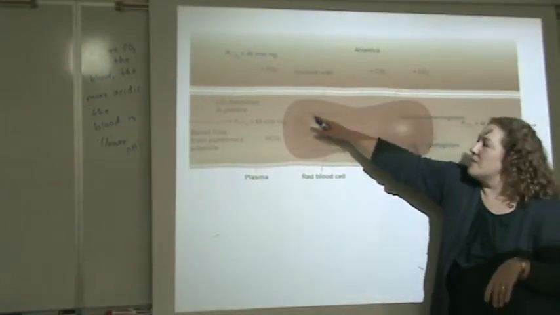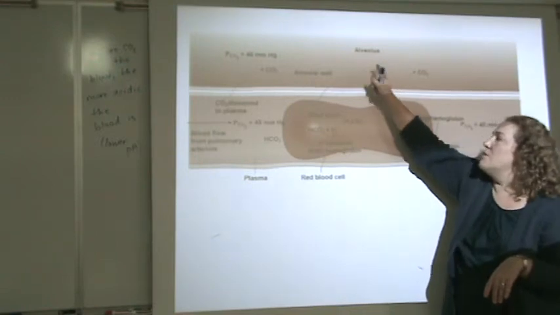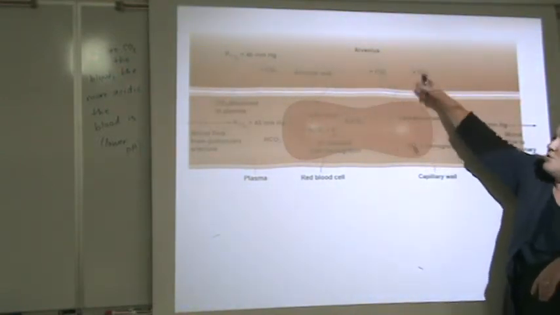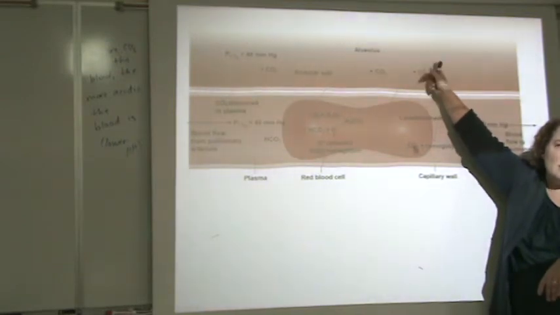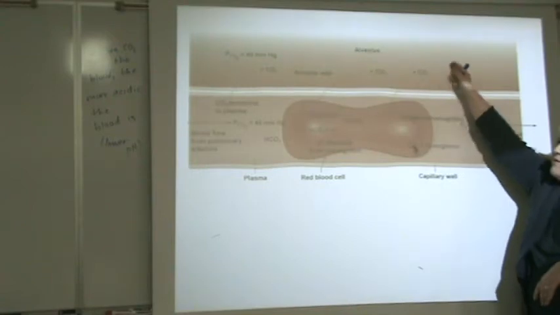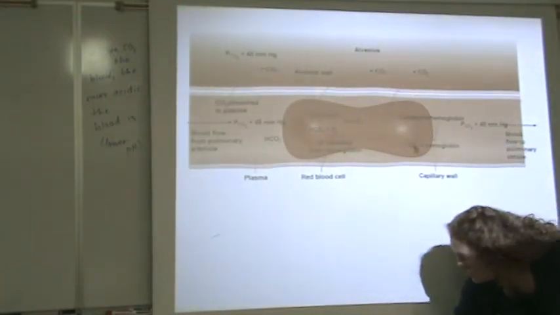This will go backward, and it's CO2 that gets released out of this equation and then diffuses across. CO2 that's sitting on a hemoglobin seat can just jump off. It's not in a different version. So that's how CO2 moves out of the blood and into the air in your lungs.